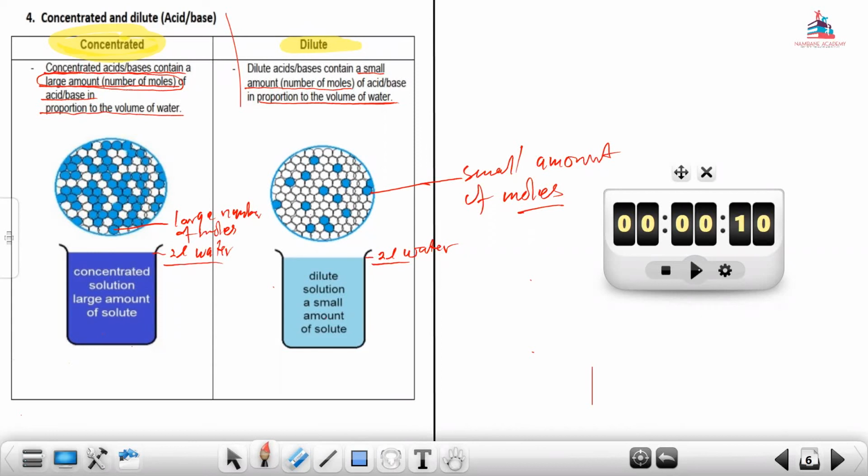Jerry? Does a large number of moles make the concentration to be dim? Yes, not necessarily dim, it just makes it look richer than the other one.